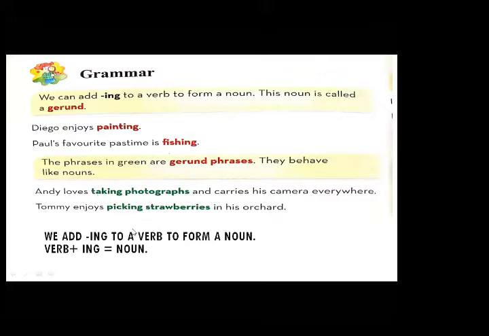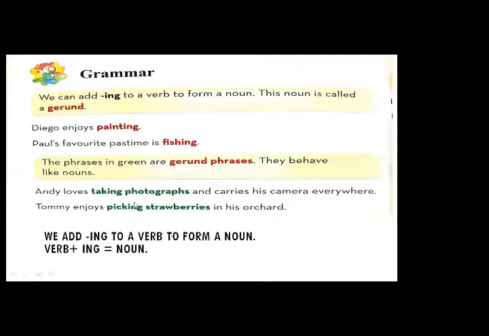Tommy enjoys picking strawberries in his orchard. Here, picking strawberries becomes a gerund phrase, which means it gives you complete information. Picking strawberries means collecting strawberries. So it is considered a noun here. It is behaving like a noun here.